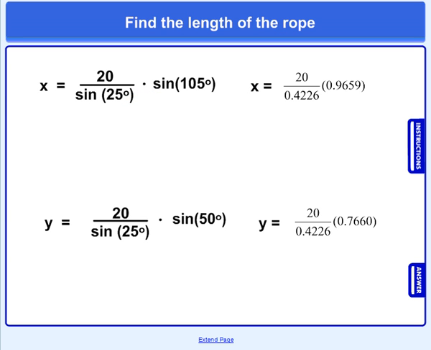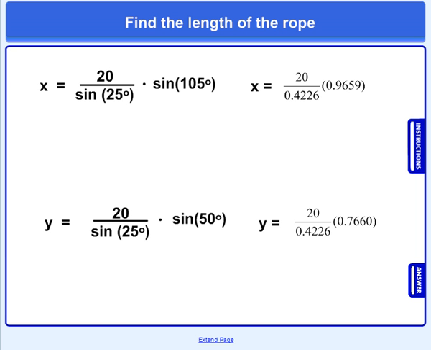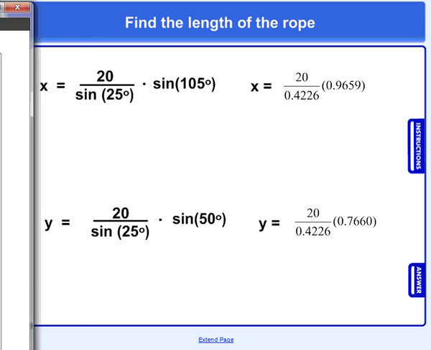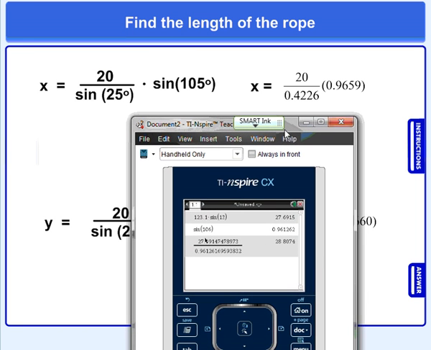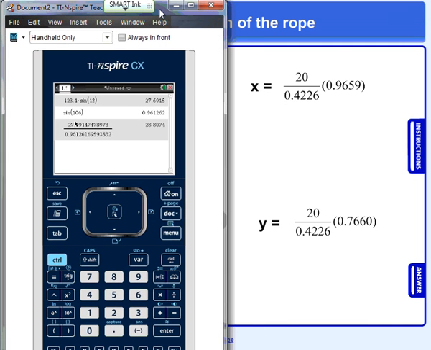So when you calculate that, you'll get these decimals, and we don't even know the solution, so let's calculate them quick. Okay, so 20 divided by 0.4226 times 0.9659.